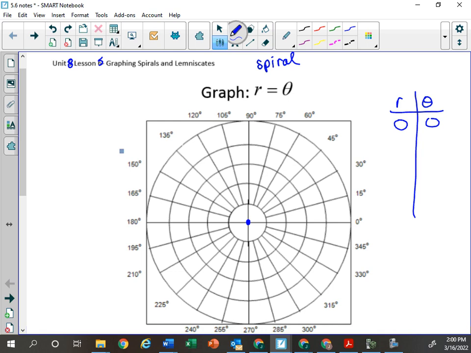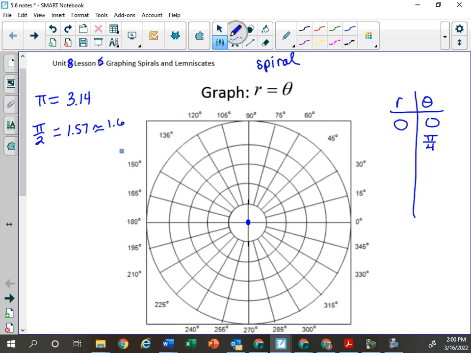All right, next one I'm going to do is pi over 4. Now, we're going to approximate some decimals on this one. Let's think decimally. What is pi? Okay, roughly 3.14. What about pi over 2? 1.57, we'll call it approximately 1.6.